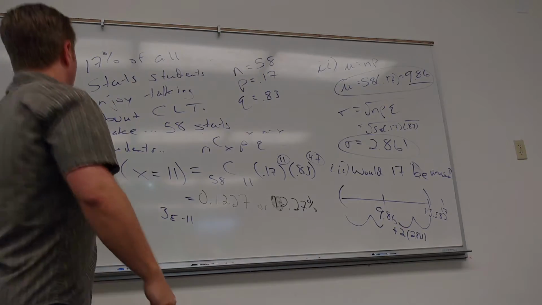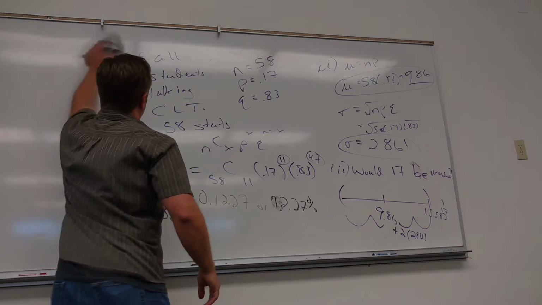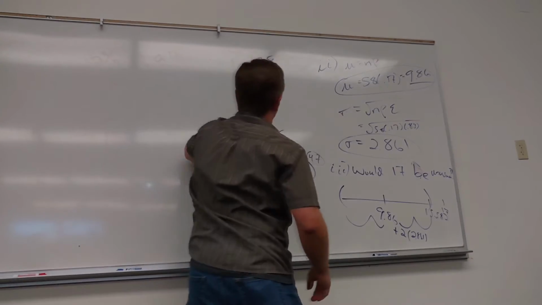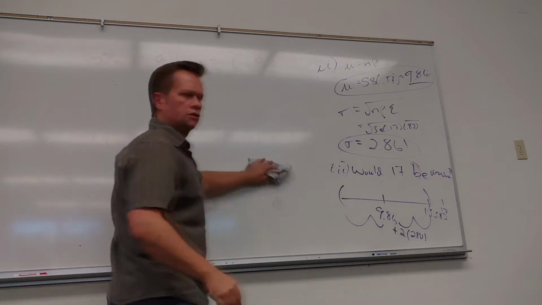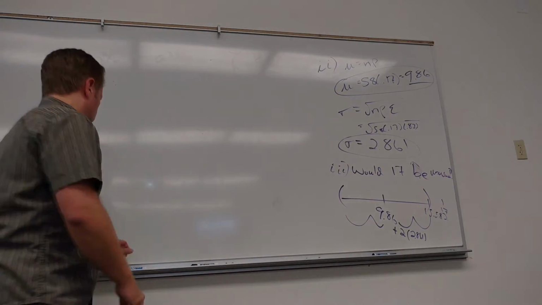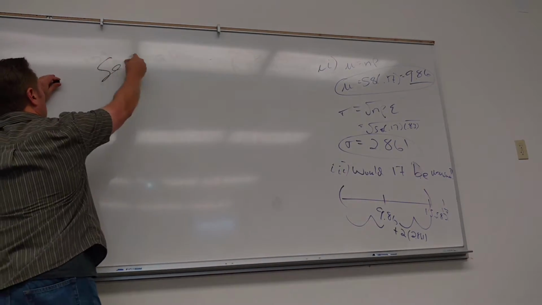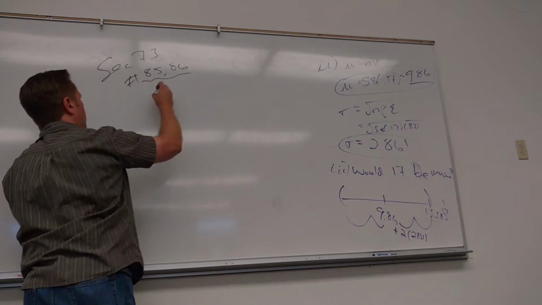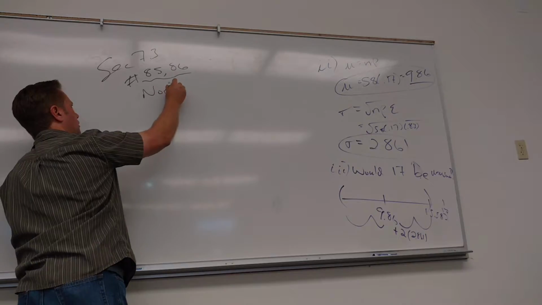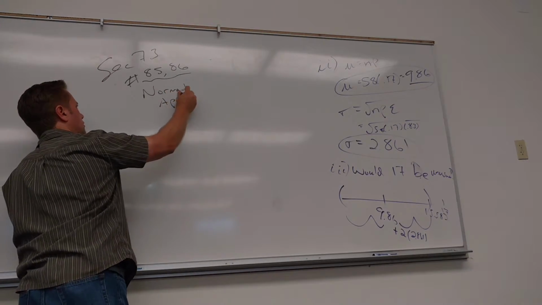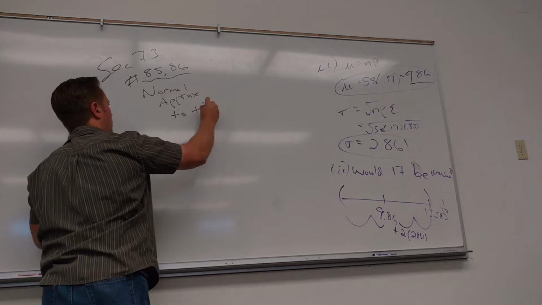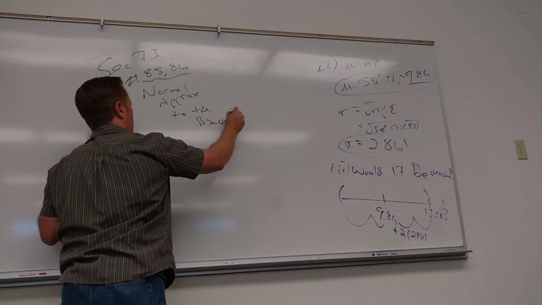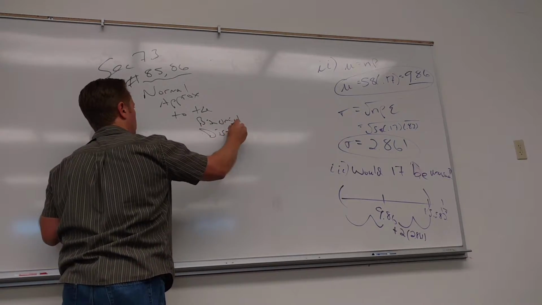Yeah. Okay. So in chapter 7.3, number 85 and 86, they both relate to something called the normal approximation to the binomial distribution. My God.